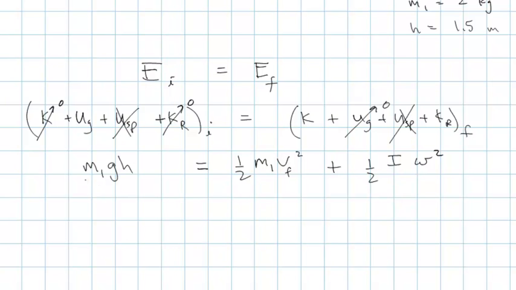So we're given M1, g, and h. We know those. We're trying to find v final. So our problem is the omega and the I. What are we going to do with those? Let's start with I, for a solid disk rotating about its center point. We look it up in our textbook. For solid objects, you have to integrate over them to find I if you want to do it that way.